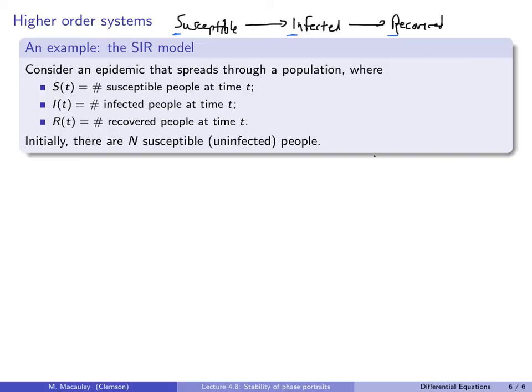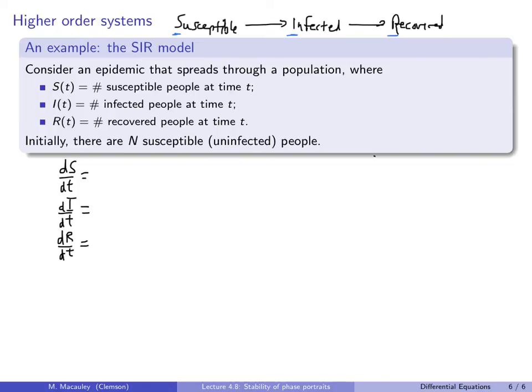What I want to do is write down a system of 3 differential equations. So let's start out with dS/dt, and then dI/dt, and then dR/dt. And let's come up with some equations.